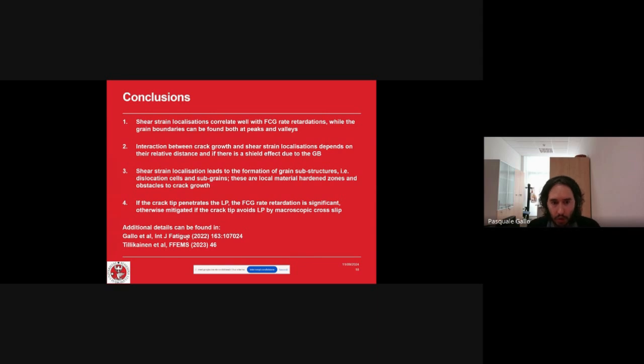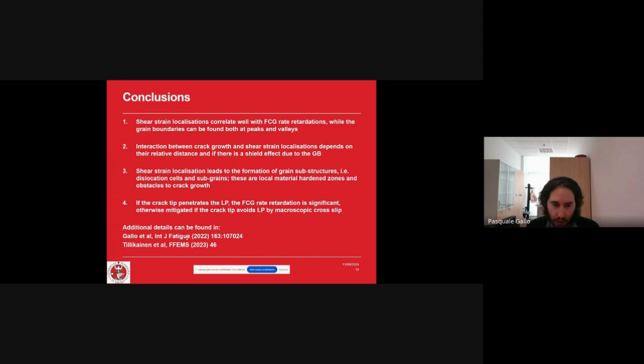Strain localization leads to the formation of grain substructure. This means that we have dislocation cells and subgrains, and these are local material hardened zones and are obstacles to the crack growth. If the crack tip penetrates directly the localization points, then the fatigue crack rate retardation is significant and evident. Otherwise, basically, it is mitigated if it avoids the strain localization points.